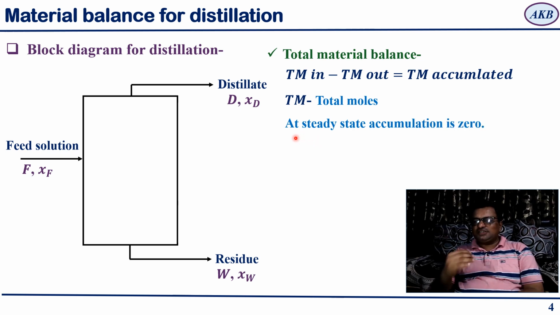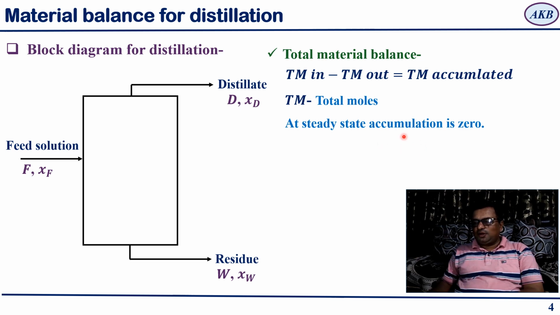But since we have decided to discuss material balance under steady state conditions, accumulation is zero. There is no accumulation. The accumulation term is a differential with respect to time, and once steady state conditions prevail, all derivatives with respect to time are equal to zero.